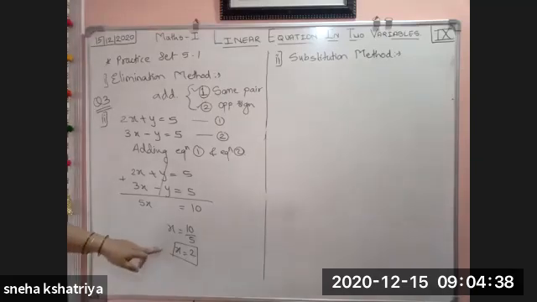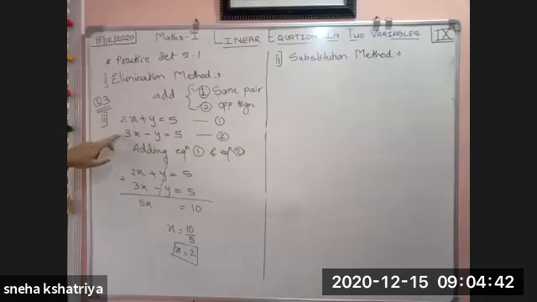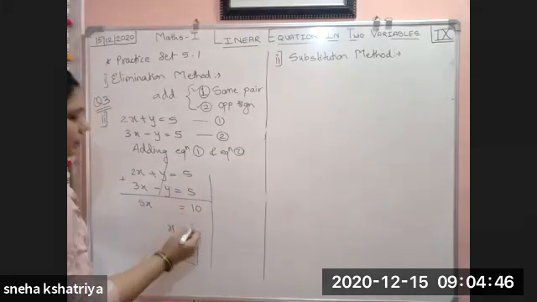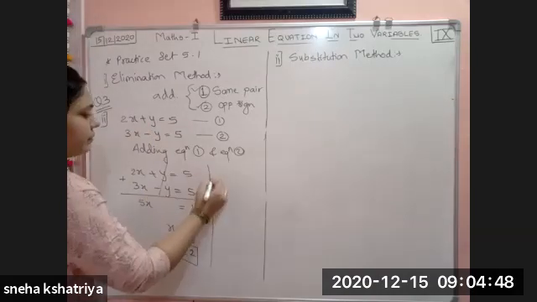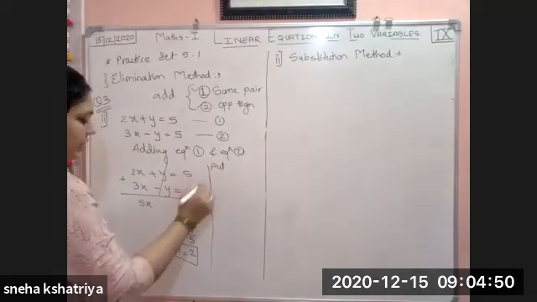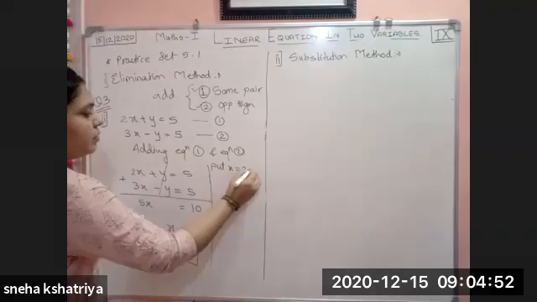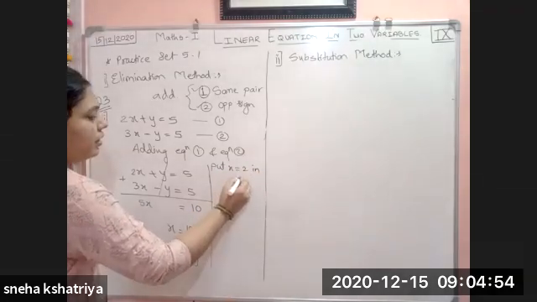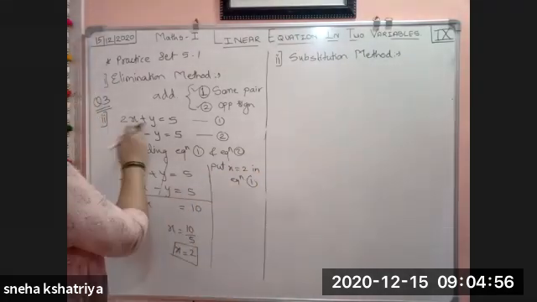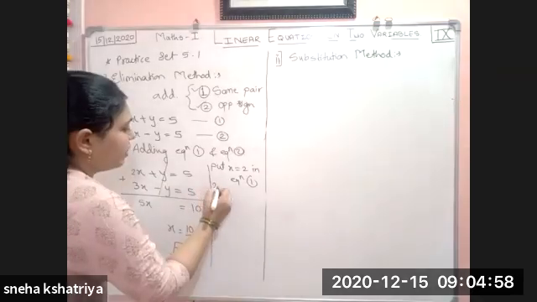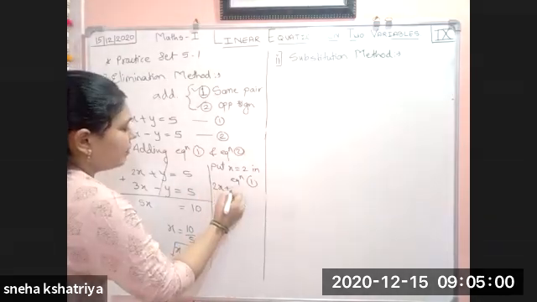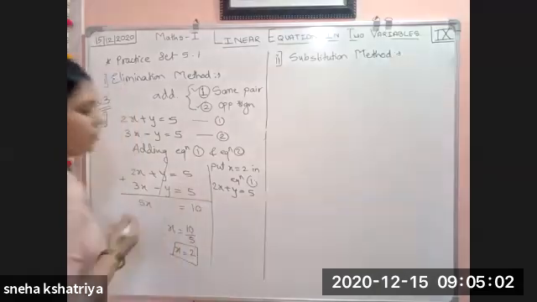Now this value of x we can put in any one equation, and we will get the value of y. Now after getting this value I am putting it in equation 1. Put x is equal to 2 in equation 1. What is equation 1? First write down the equation. It is 2x plus y is equal to 5.